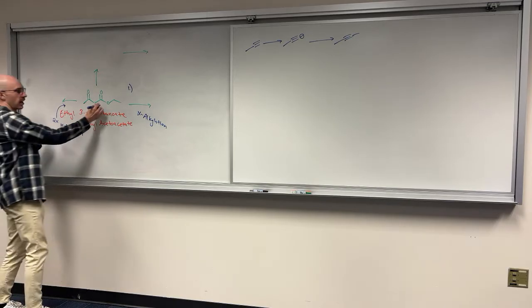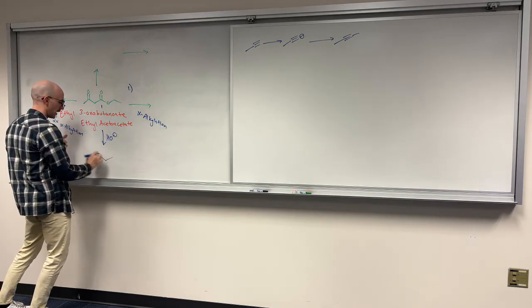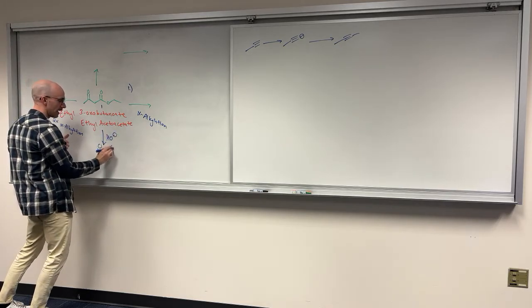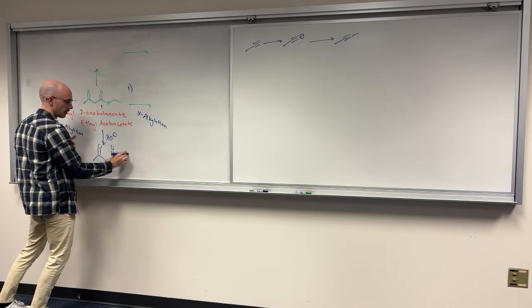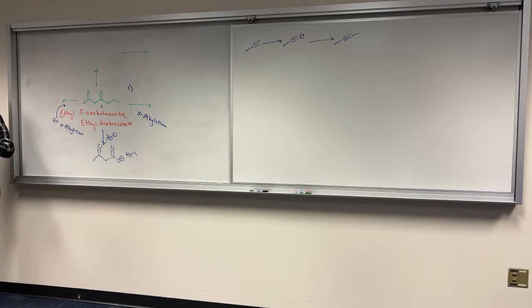If we add hydroxide, we will get a carboxylate and an alcohol. So, we don't want to use hydroxide. Ethoxide is a great choice. We could also use aldehyde. Absolutely.